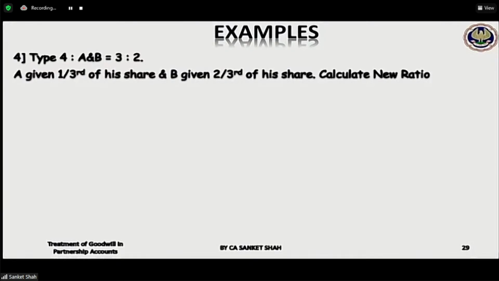In type number 3, there is no 'his' word, but in type number 4, there is the word 'his'. So both are different.